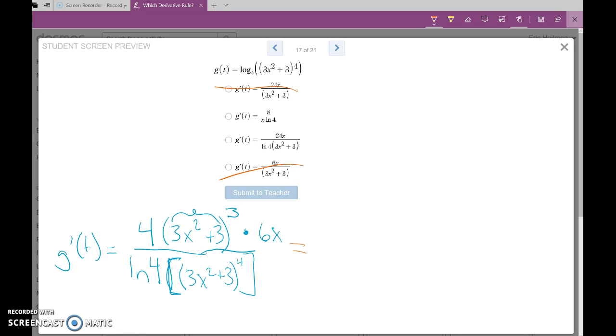Okay, there's a 3x squared plus 3 cubed in the numerator and a 3x squared plus 3 to the 4th in the denominator, so those are going to cancel. At this point we have 24x, that's the 6x times the 4 up here, over natural log of 4 times 3x squared plus 3.